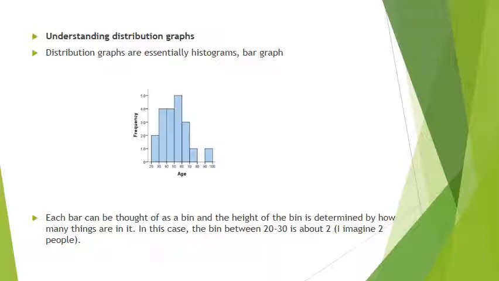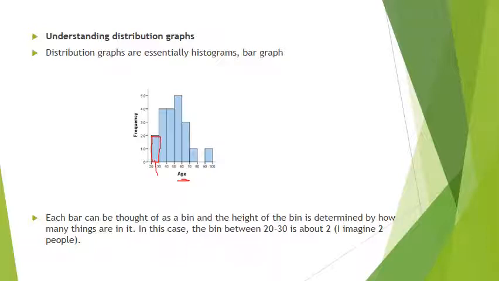Distribution graphs are essentially histograms, bar graphs. Okay, so you have here a population of people, and we measured their ages. You have between 20 and 30, 40, and so forth. Now you can consider each one of these boxes as bins, and the height of the bin is how many people, or ages, are inside that bin.